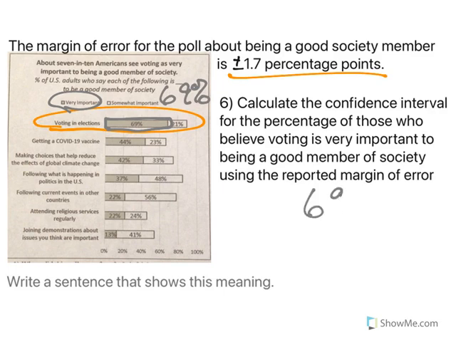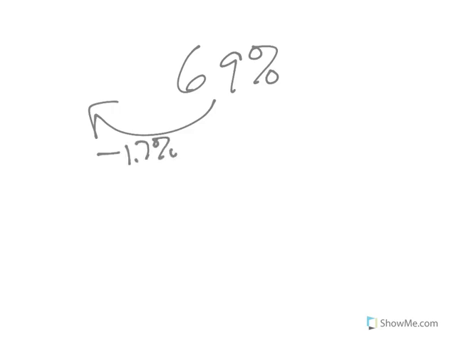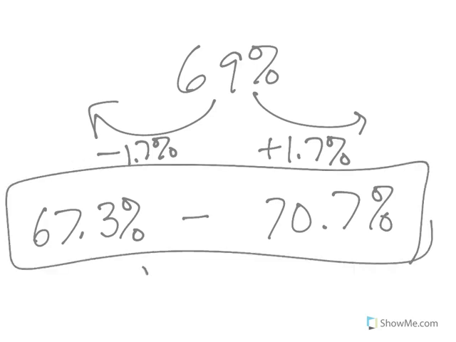So we're going to say 69% plus or minus 1.7%. We take 69% and subtract 1.7% to the left, and add 1.7% to the right. 69 minus 1.7 is 67.3%, and to the right, 69 plus 1.7 is 70.7%. That is my 95% confidence interval.